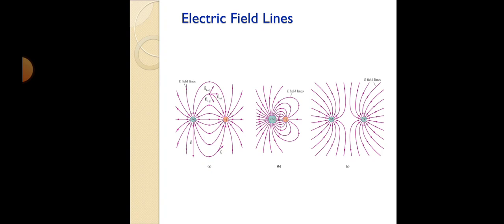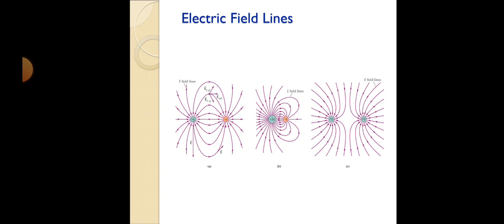In diagram B we can see one is plus 2q charge and one is minus q charge. Here opposite charges are there, that's why they attract each other and the electric field lines emerge from the plus q charge and end at the minus q charge. Here also plus q and minus q are the same but opposite in nature. Here also attraction plays in diagram A. Now we can see the denser the electric field lines, the more the electric field intensity.